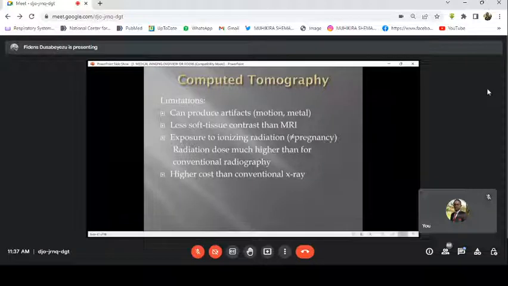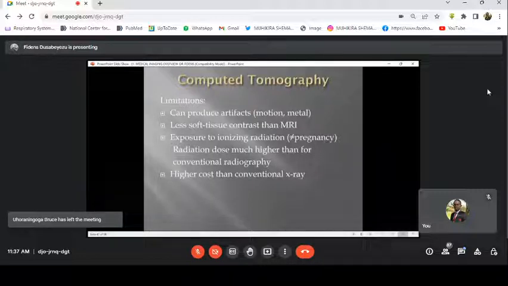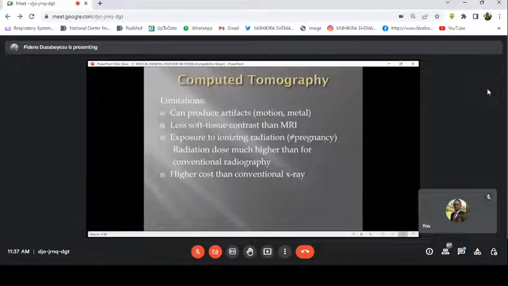Number three, as a limitation, it's about exposure to ionizing radiation. Pregnant women, very difficult to do CT scan. And you have to know that the radiation dose is much higher in CT scan than for conventional radiography. CT scan sends a lot of radiation.